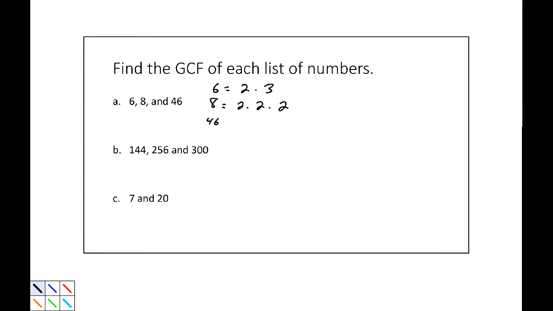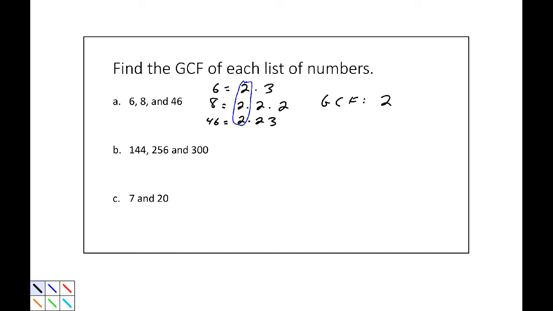And 46 can be written as 2 times 23. And 23 does not factor anymore. So looking for common factors, it seems they all have a 2 and no other common factors. So our GCF is 2.